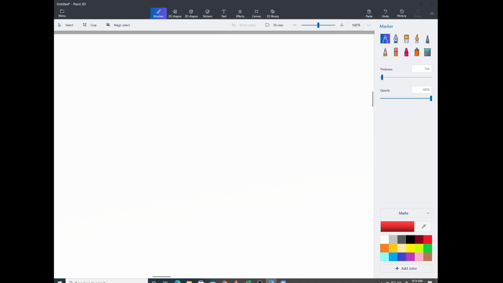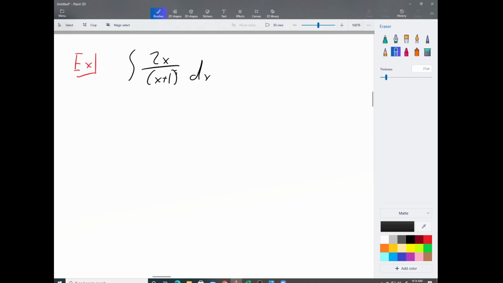If I remember correctly, and stop me if I am wrong, we have not yet done this problem. Am I correct? Have we done this problem yet? You're not screen sharing.